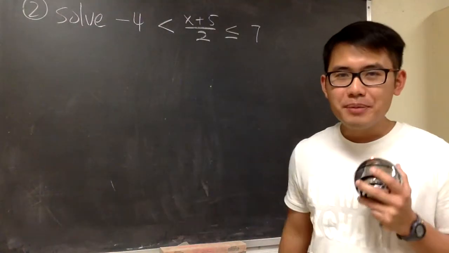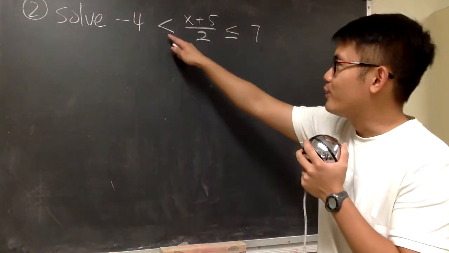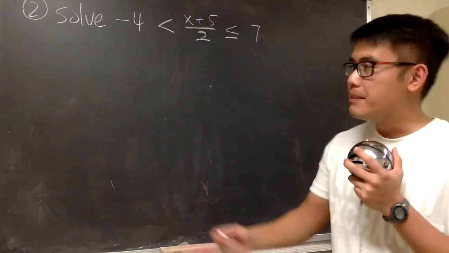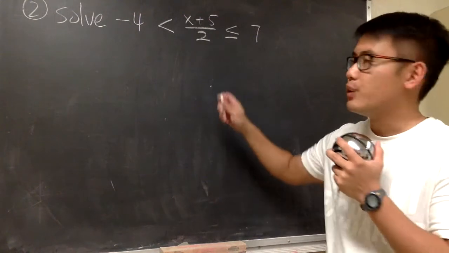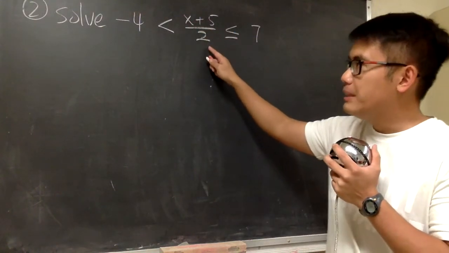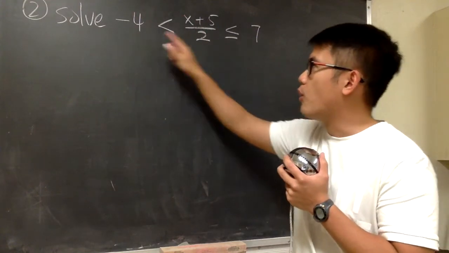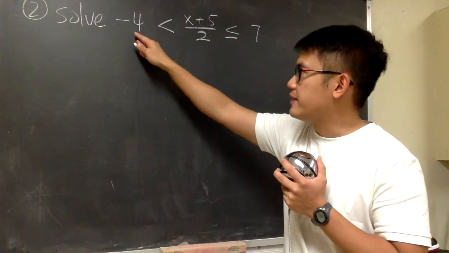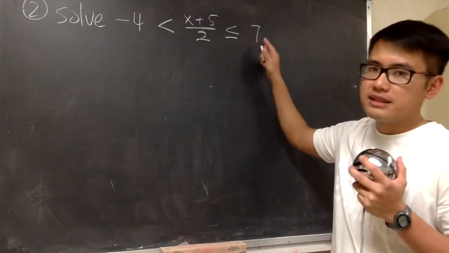And now let's work out this compound inequality. And we know this is a compound inequality because we have two inequality symbols, right? The best way to read this is that we're going to say x plus 5 over 2 is in between -4 and +7, not including -4, but we are including +7.